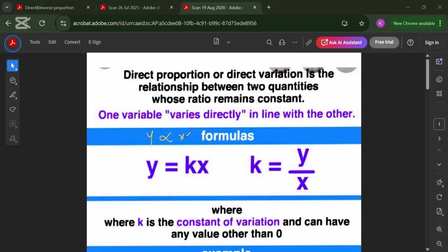To remove the sign of proportionality, we make it that y is equal to kx. Now here this k is the constant of variation. And like this, we got the formula y equal to kx. This is also known as the k method.